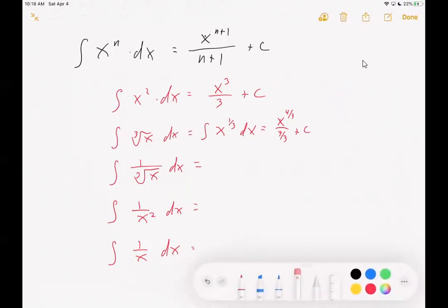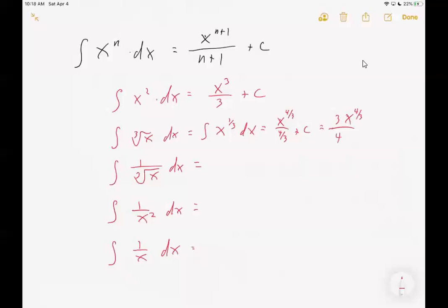I think most of you are comfortable going right away into the idea that instead of dividing by 4/3, we'll take 3/4, and then we'll have x to the 4/3, and that would be another way of saying that. Let's just leave it as x to the 4/3 plus c.